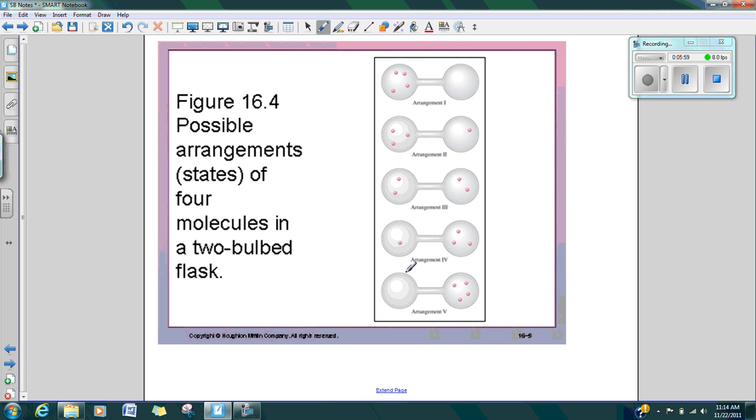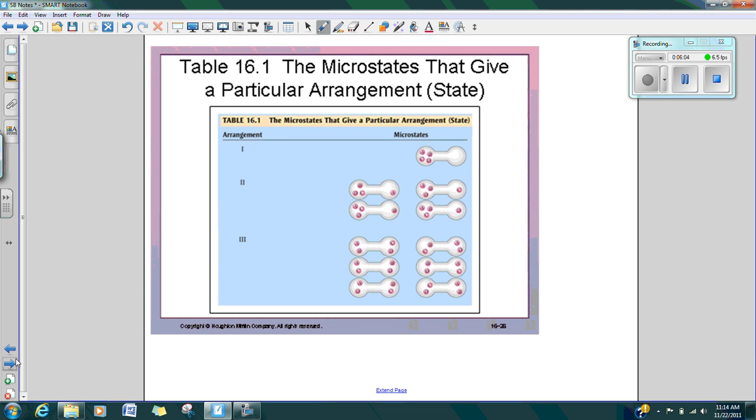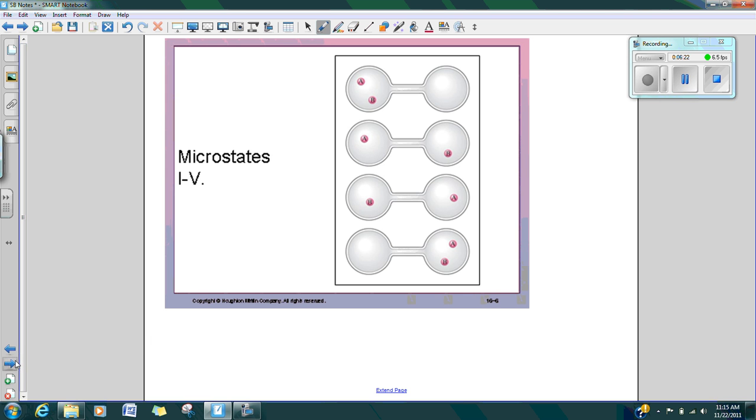Well, if we want to talk about the probability of that, we are talking about the increase of entropy. And you can see again how the microstates have given a particular arrangement. What are the possibilities of this happening? As the number of molecules increases, you can see that the probability of finding it in a certain situation is a lot harder. And those are some more pictures of microstates there.